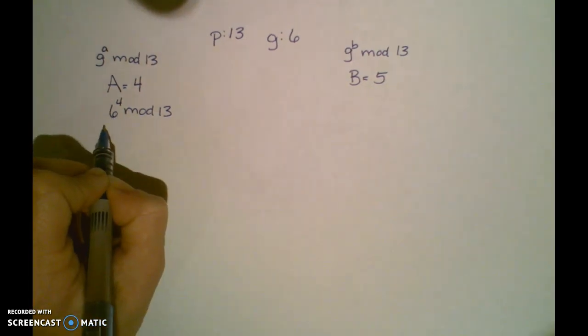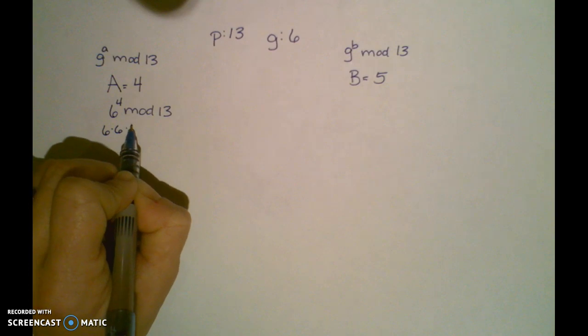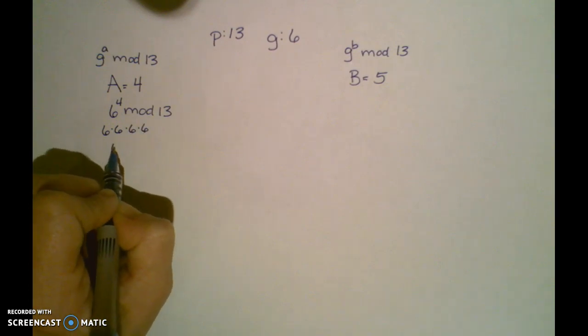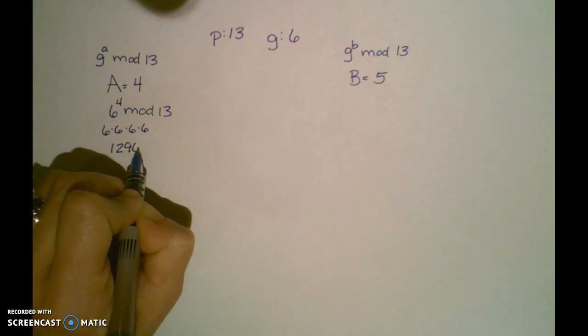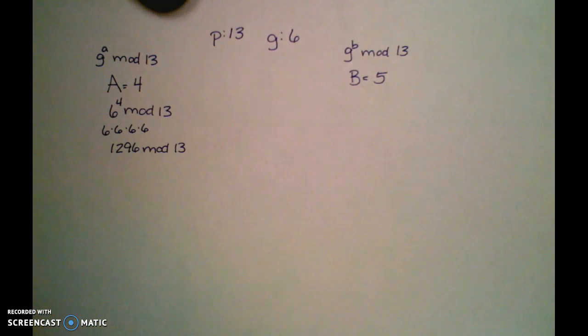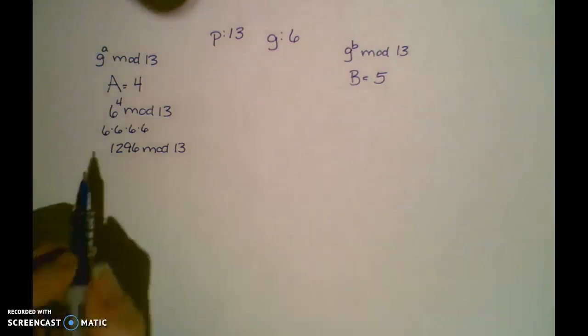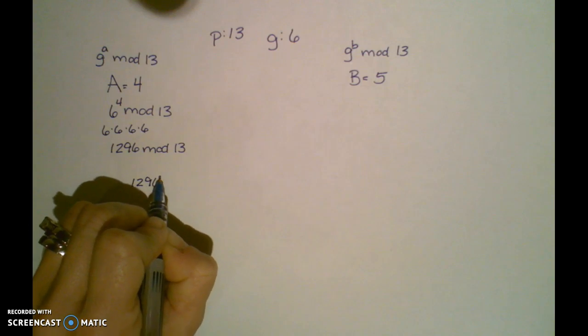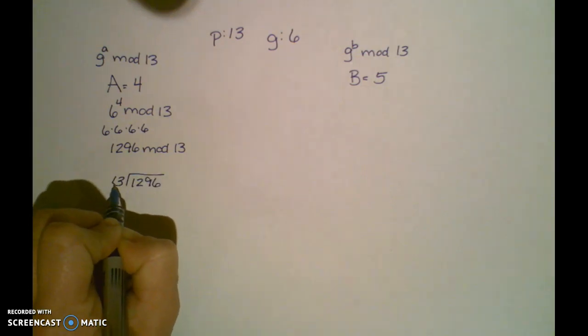So I'm going to start with my 6 times 6 times 6 times 6. When I multiply that all out, I get 1,296 mod 13. What this means is I'm going to take 1,296 and divide it by 13.